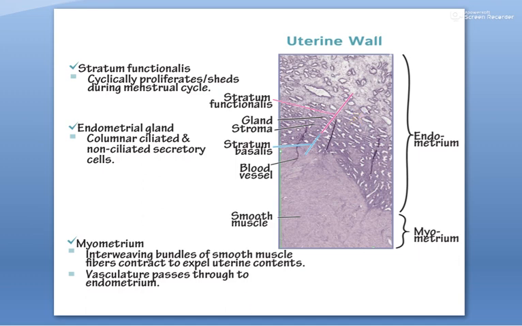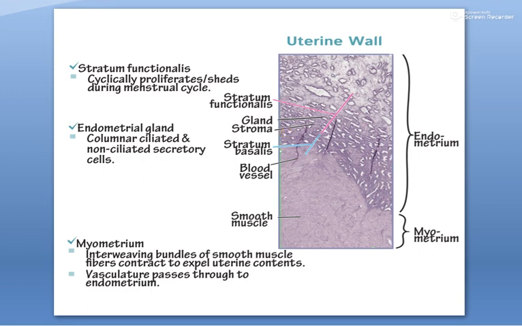The myometrium is a simple structure and almost clear, but the endometrium has some particulate matter and includes blood vessels, stratum basalis and stratum functionalis, and also glandular stroma.